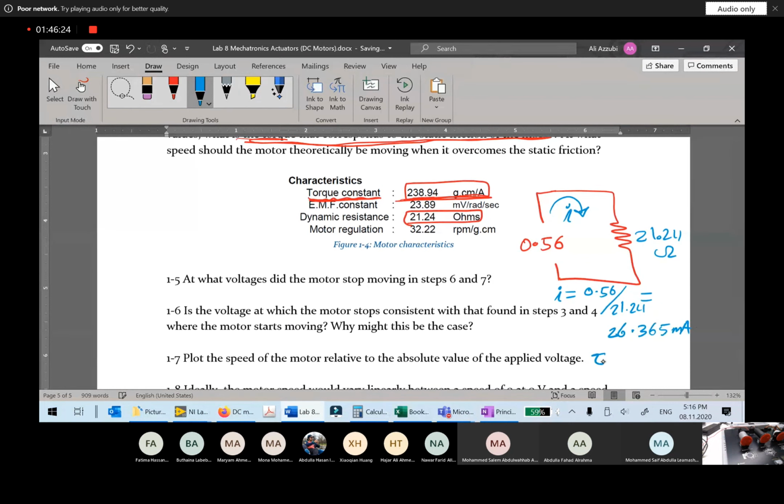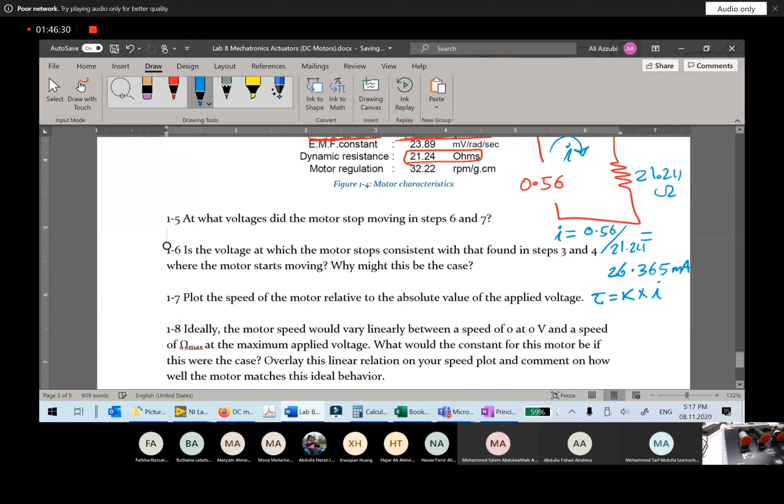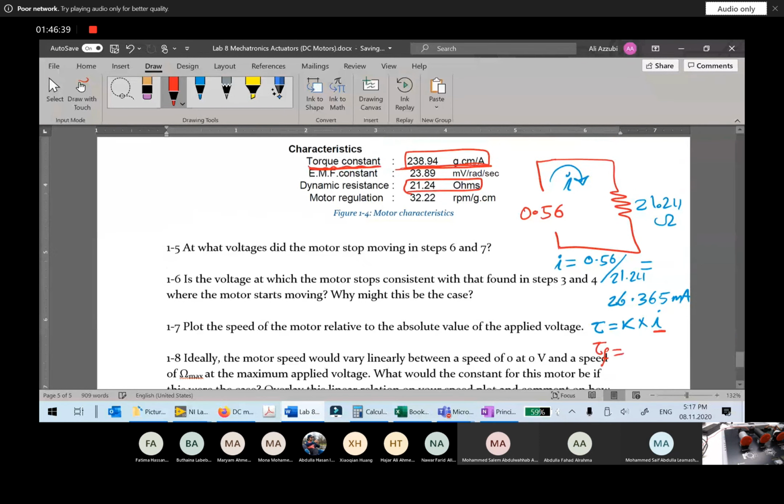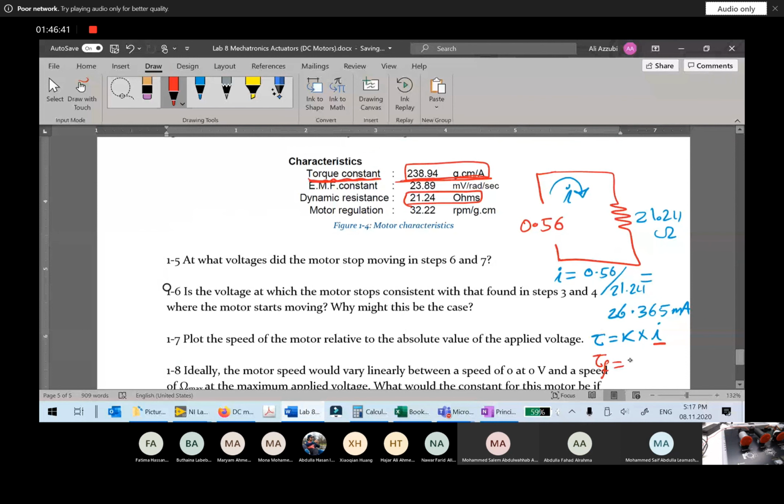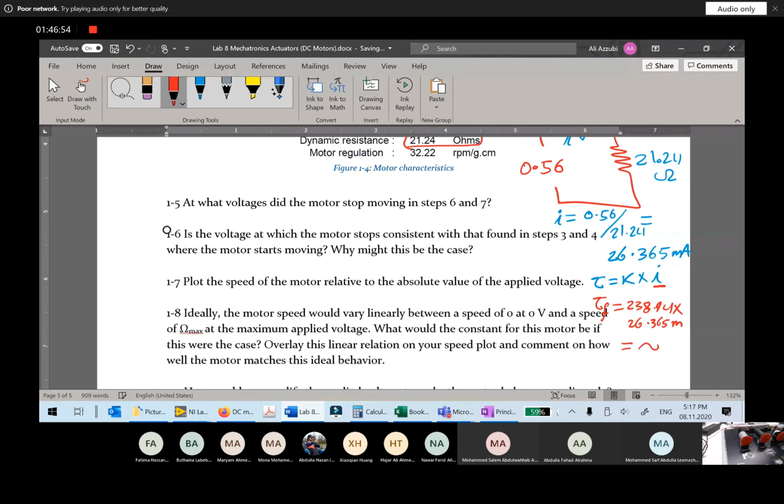Right, now I know the torque is equal to K motor times I. Now if I is the current to overcome friction, this means the torque to overcome friction will be equal to, now I'll use this value here, 238.94 times 26.365 milli, and then you'll find your value.